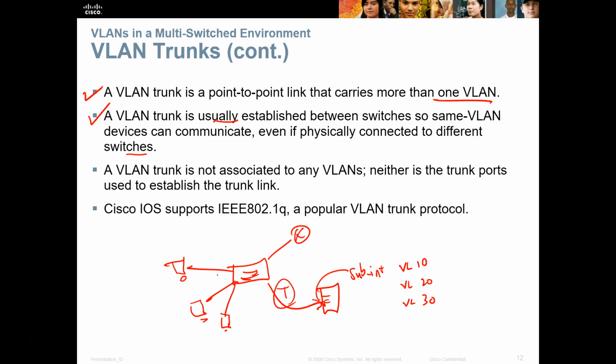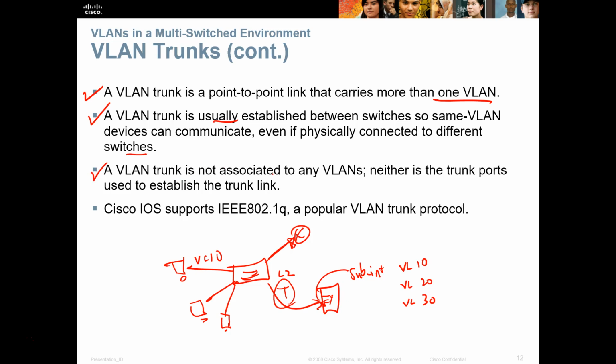So by having a trunk here, it would allow traffic from VLAN 10 to pass directly through the switch and stay on the layer 2 network, without having to be routed and have direct communication to the server, which makes it faster. If you have to go to the router to route between VLANs, then it's going to increase the delay with the communication to the server. So it's a matter of efficiency.